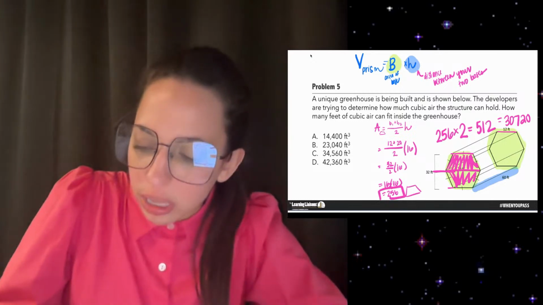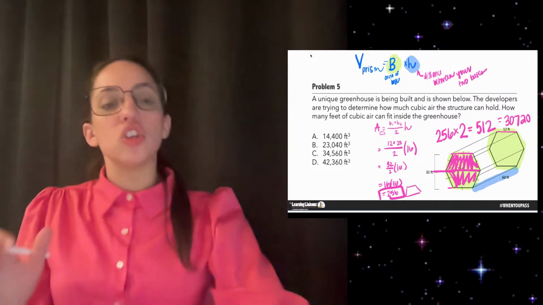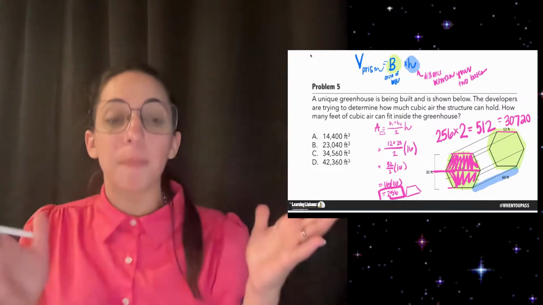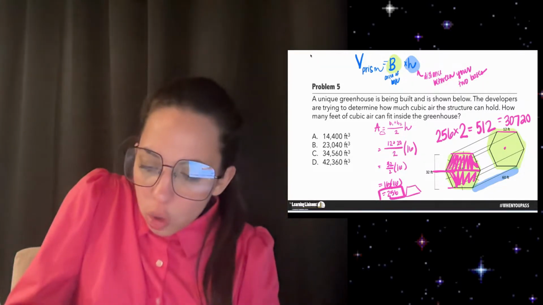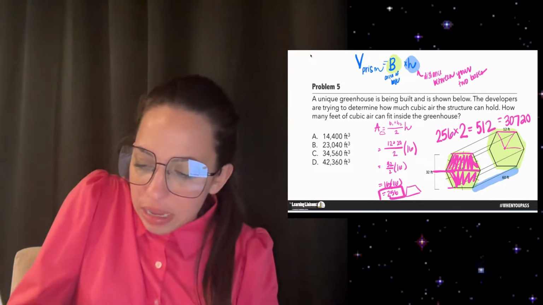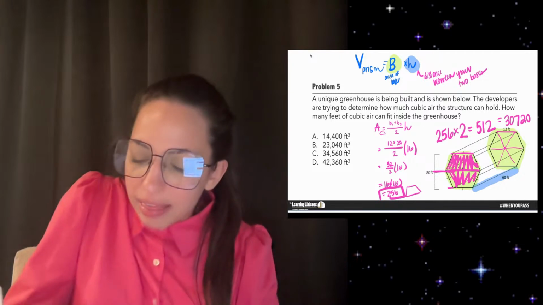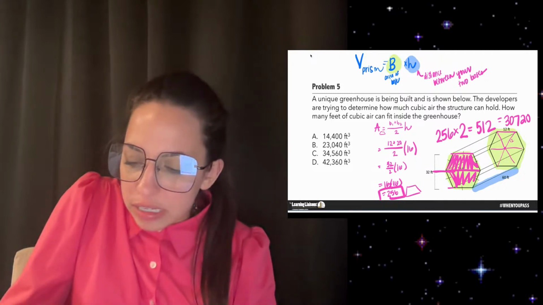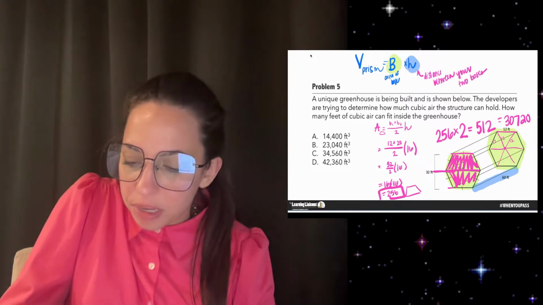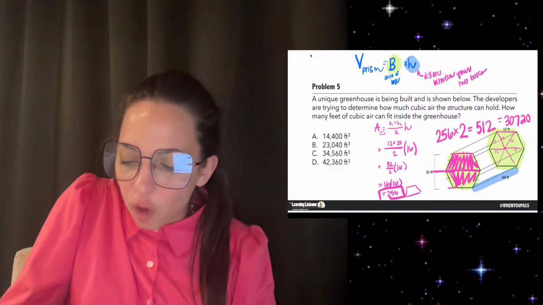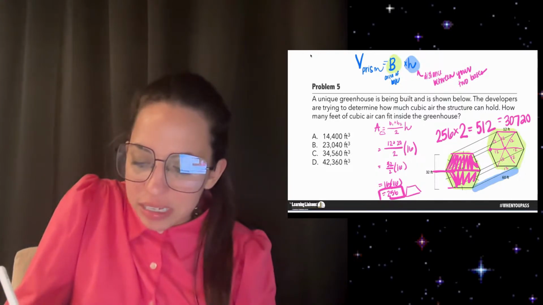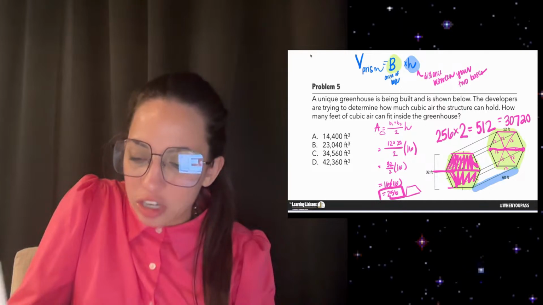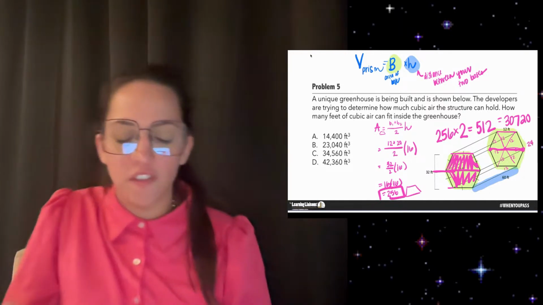So when we look at this hexagon, you should know that a perfect hexagon creates equilateral triangles. So when we create these equilateral triangles, that means that all of these sides should theoretically be 12, right? And if all of those are 12, then this distance right here is not 20, it's actually 24.